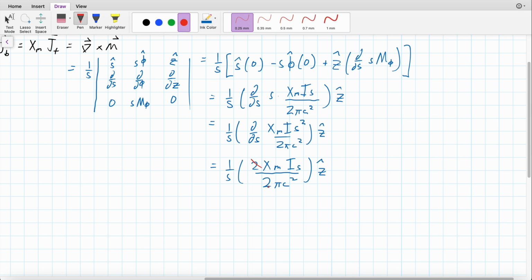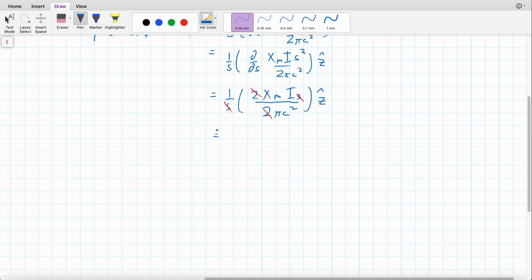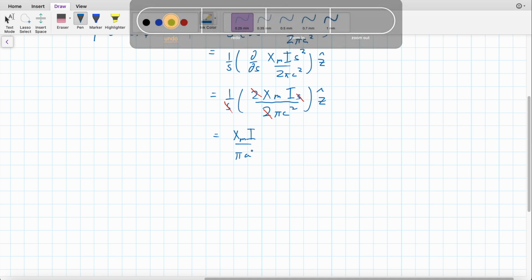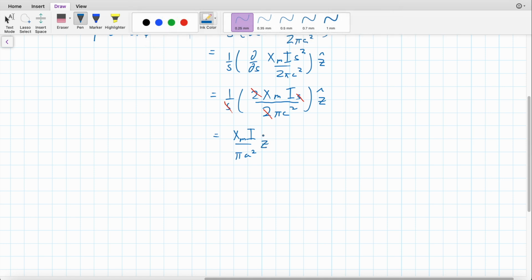The 2s cancel, and s cancels, giving us only chi_m I over pi a squared in the z hat direction.